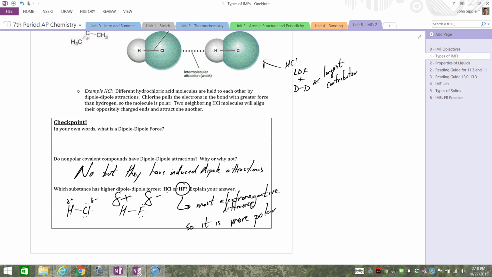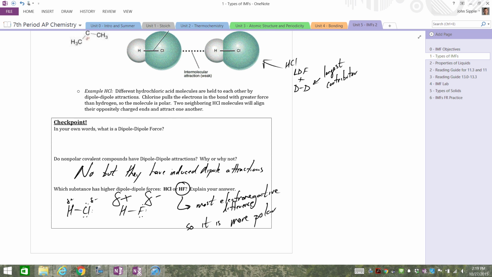Remember, polarity is a spectrum, from very, very polar to very non-polar and everywhere in between. You can be slightly polar, or you can be really, really polar.